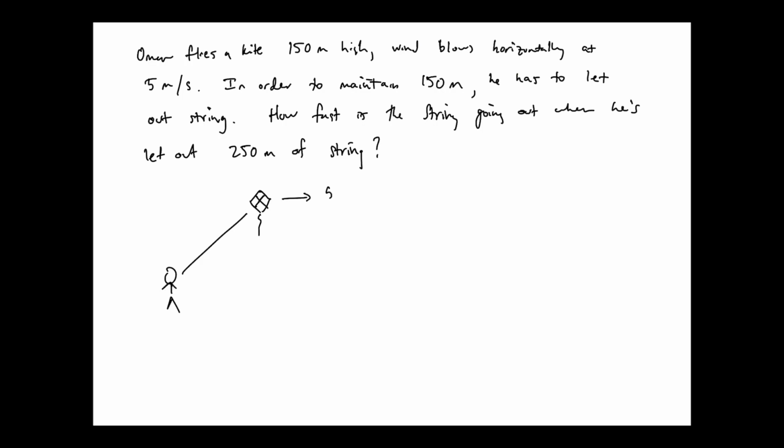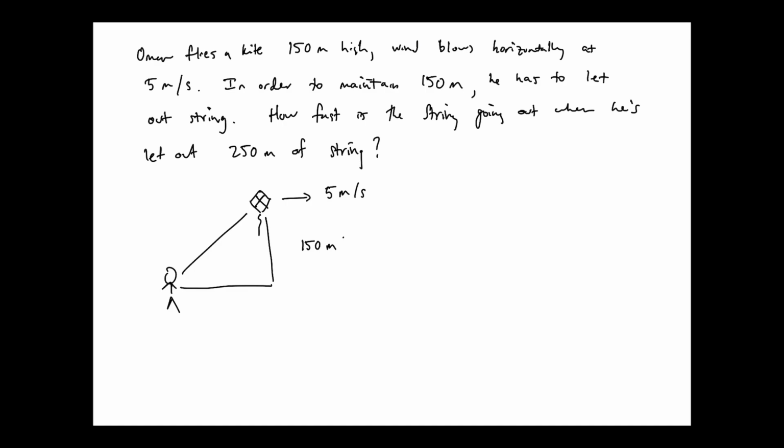Okay, and the wind is blowing at this direction at 5 meters per second, and he wants to keep the thing at a constant 150 meter altitude. So obviously, the distance between him and the kite is going to be more than 150 meters, right?